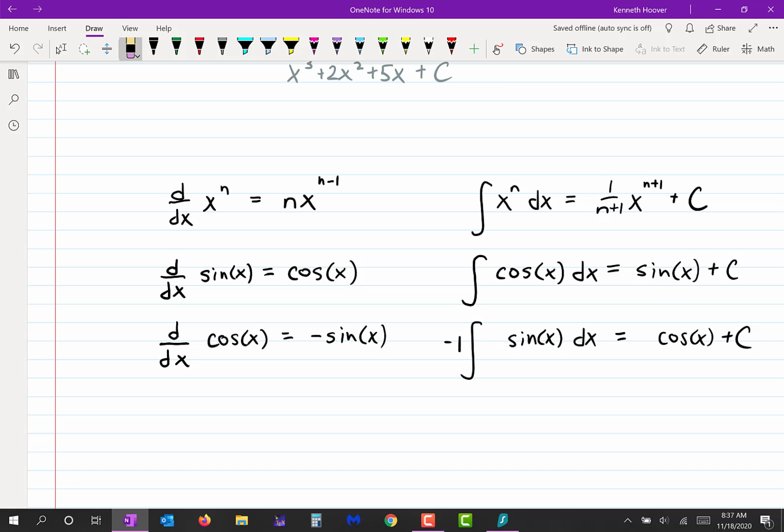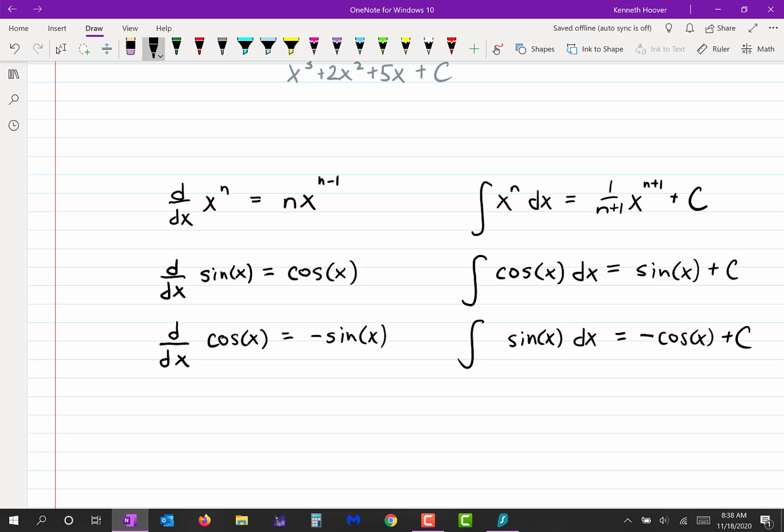And now we are going to cancel it out by dividing both sides by -1. That'll cancel that out. So we have the integral of sine on the left. And on the right, we have cosine divided by -1. Isn't cosine divided by -1 just negative cosine? That's the way I would like to have it written.